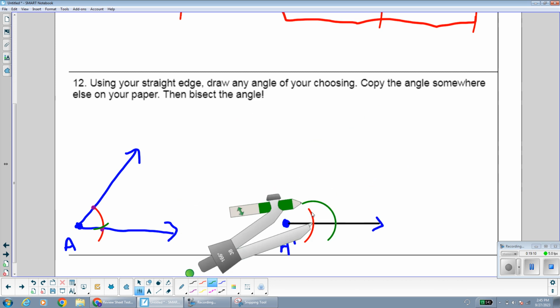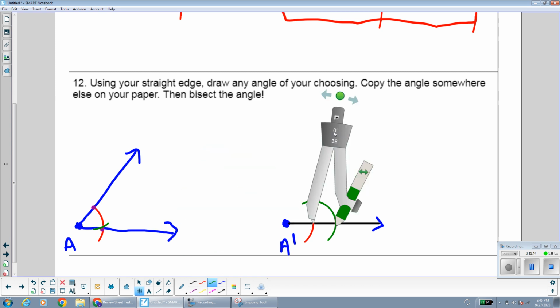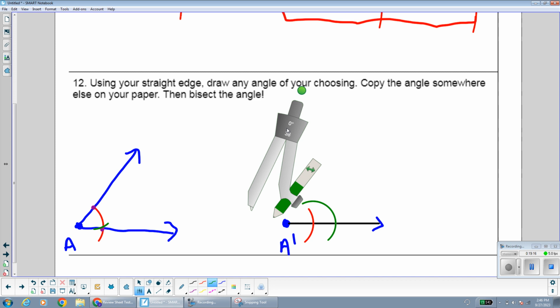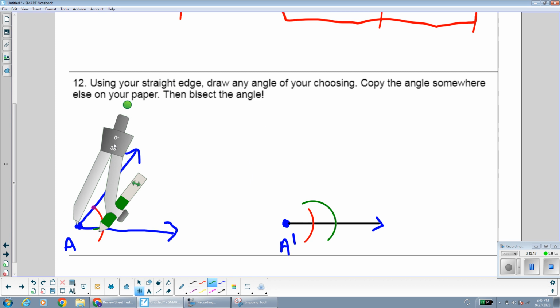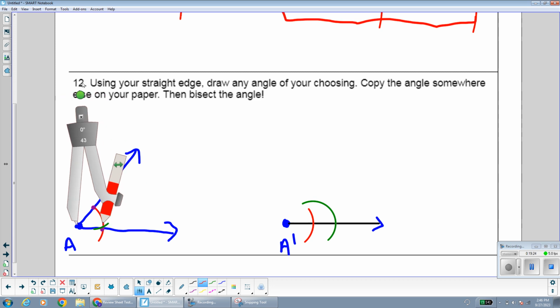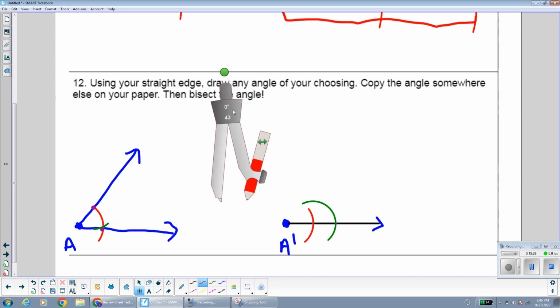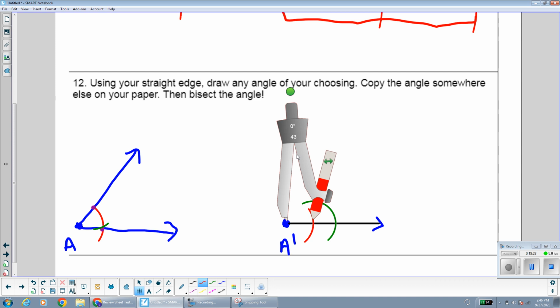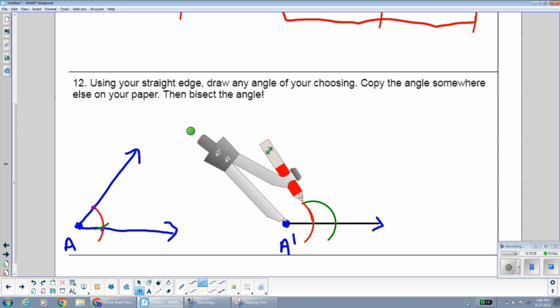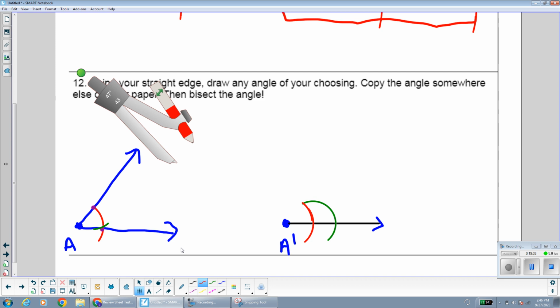Oh no, I wanted it to intersect, but I didn't make this first arc long enough. If you run into that issue, that is totally fine. All you have to do is go back and find the measurement that you had it open to. So you found it. And then I can go back over here and just extend it until I see that intersection point.